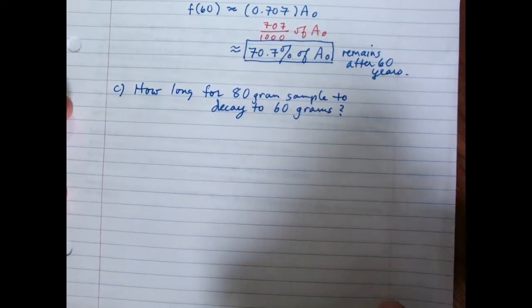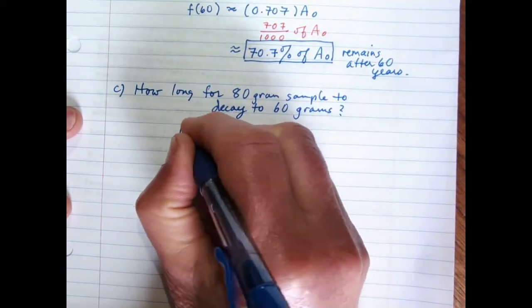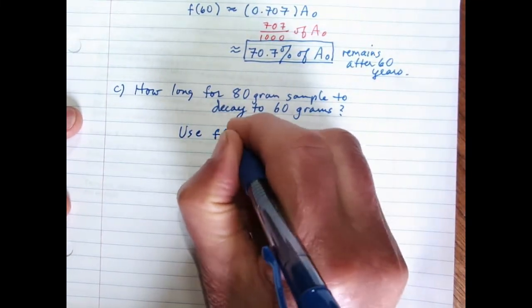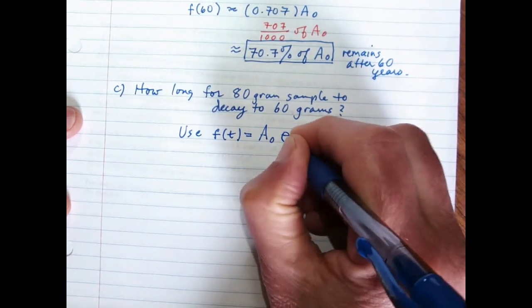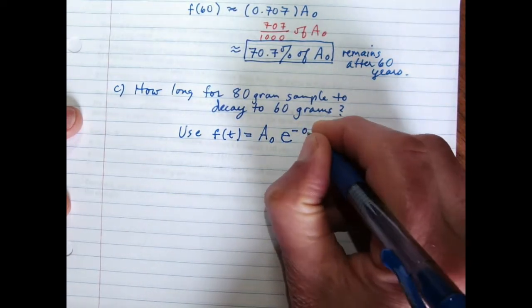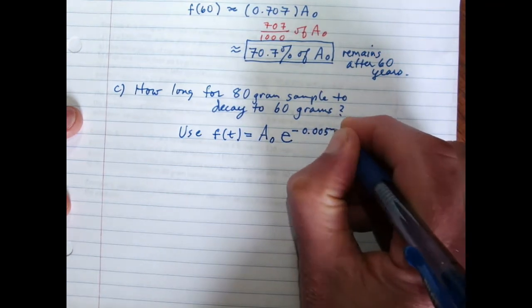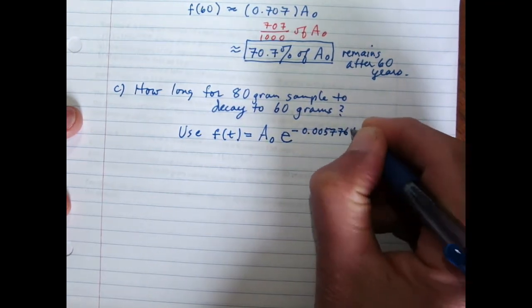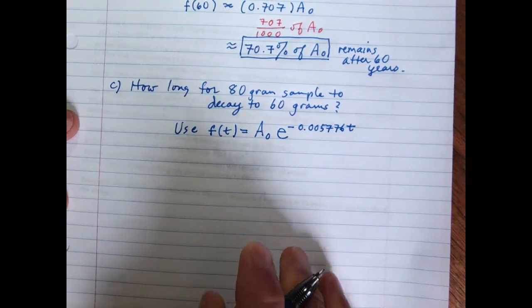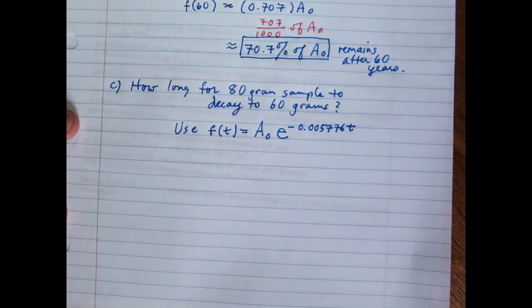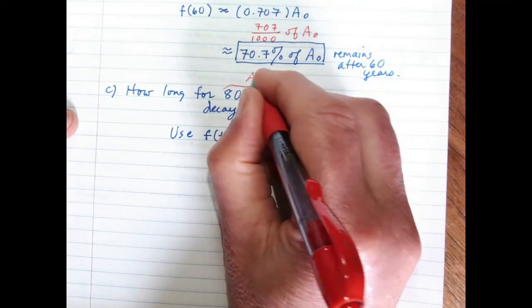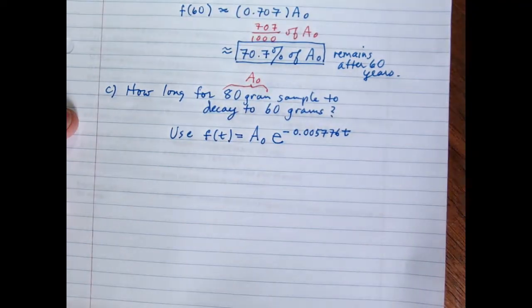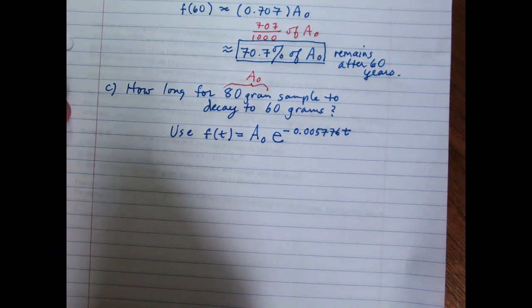Okay. Now I'm going to use f of t equals A0 e to the negative 0.005776 t, going back to the form with t. And we can think of the 80 gram as our initial amount, our starting amount. We can actually assign that value to A0.